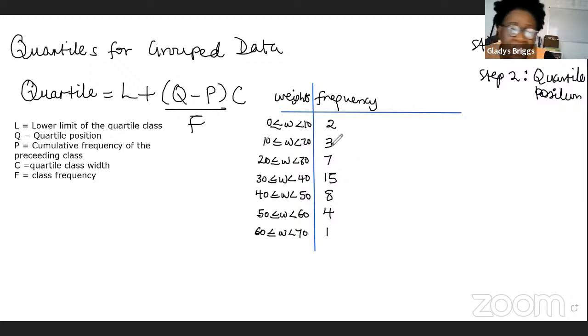Now, the first thing that you want to do is work out the cumulative frequency. You have done this before when you were drawing the ogive. So let's make a column for the cumulative frequency.